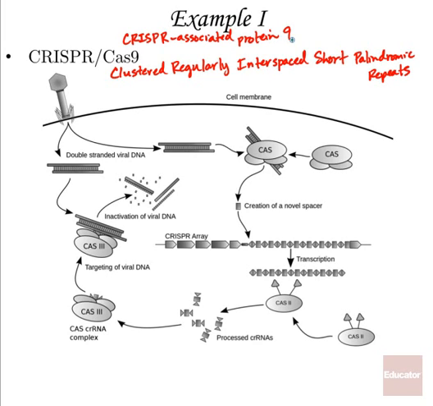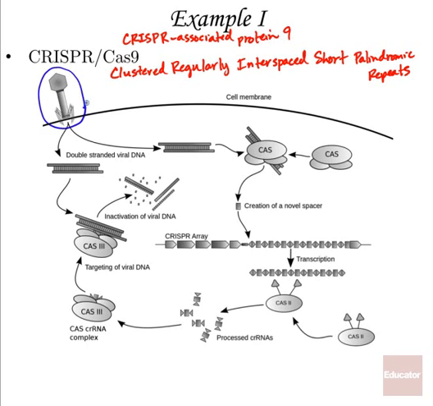If we're looking here, this is the cell membrane of a bacterium. It is their way of defending against a bacteriophage, which is a virus that infects bacteria. So this is a primitive adaptive immune system for our prokaryotes, our bacteria.